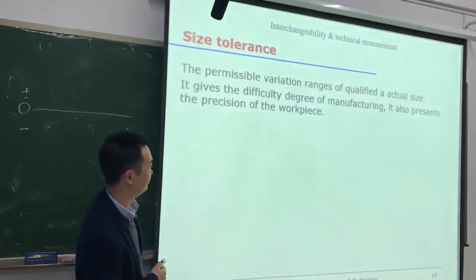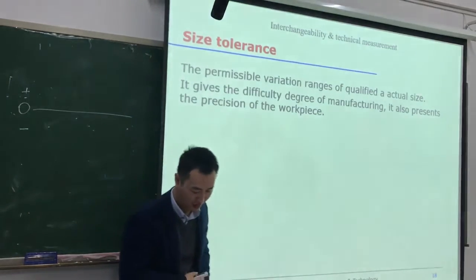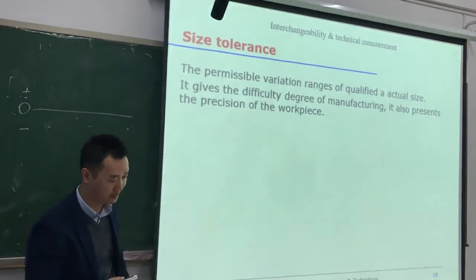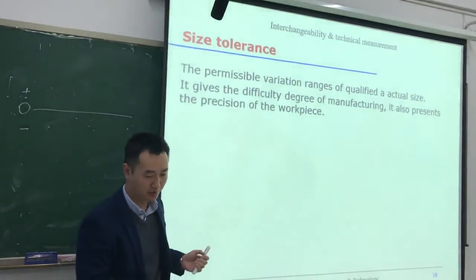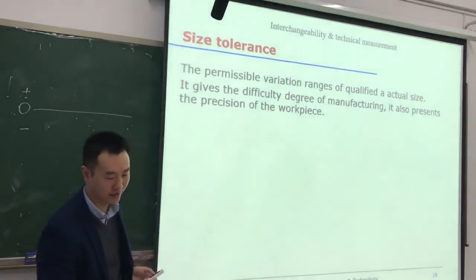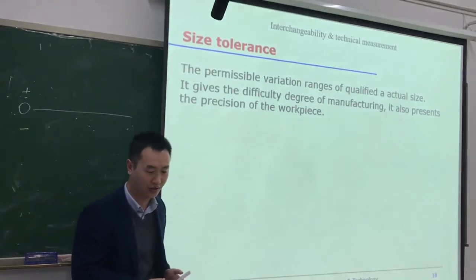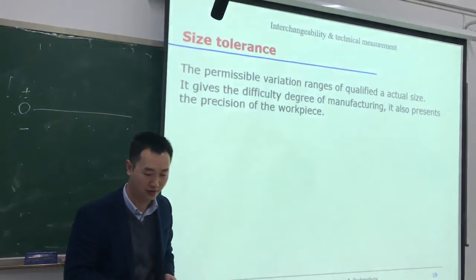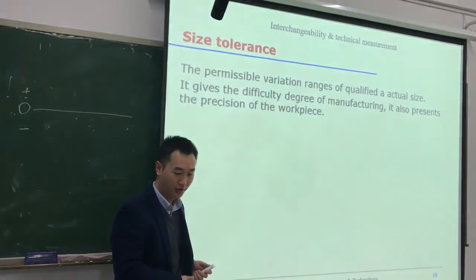Let's move on. Then we introduce a new term called size tolerance. Size tolerance means the permissible variance range of the qualified actual size. It gives the difficulty degree of manufacturing, and it also represents the precision of the workpiece.